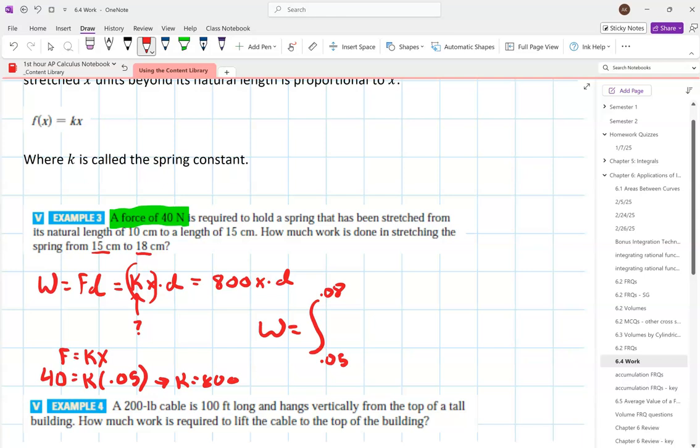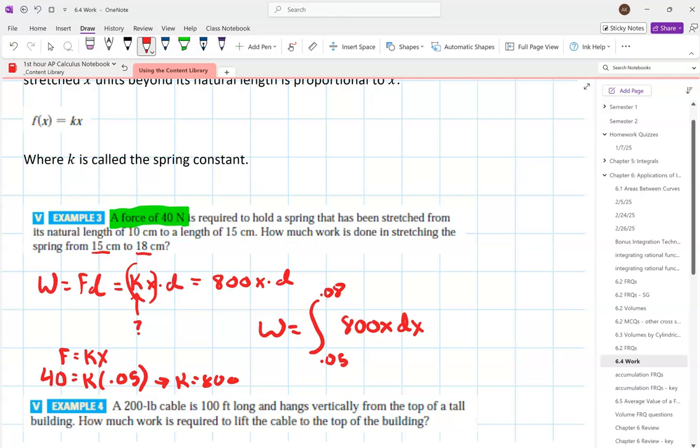Because 10 is like our 0, right? So if we're stretching from 15 to 18, it's really stretching from 5 to 8. But those are in centimeters, so really we want those in meters, so divide them both by 100. Is everybody okay so far? Okay. And then we have 800x dx.